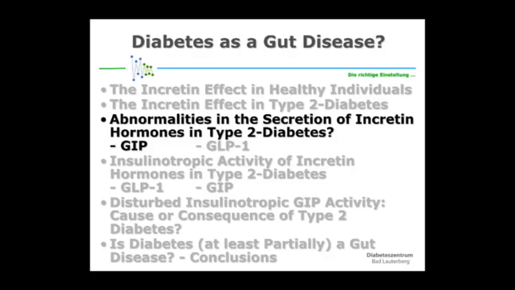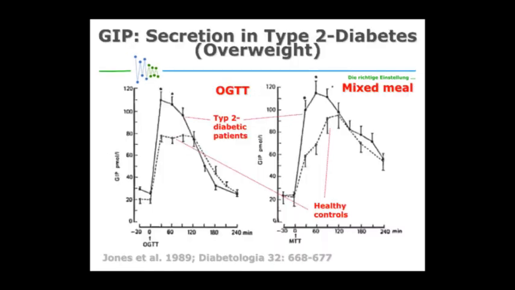So there are two general possibilities. Possibility one, there is something wrong with the incretin hormones as they are secreted from the gut in response to nutrient stimuli. So let's look at GIP first.